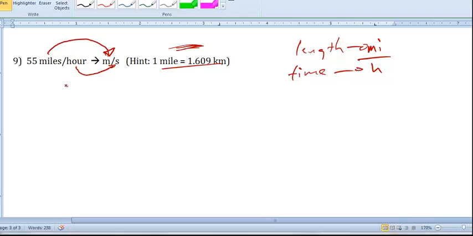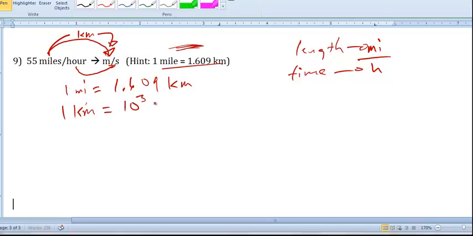All right, so first, 1 mile equals 1.609 kilometers. But that gets you part way, right? We went from miles to kilometers, and now we need to get it to meters, right? But you know how to do that. 1 kilometer is 10 to the third meters.